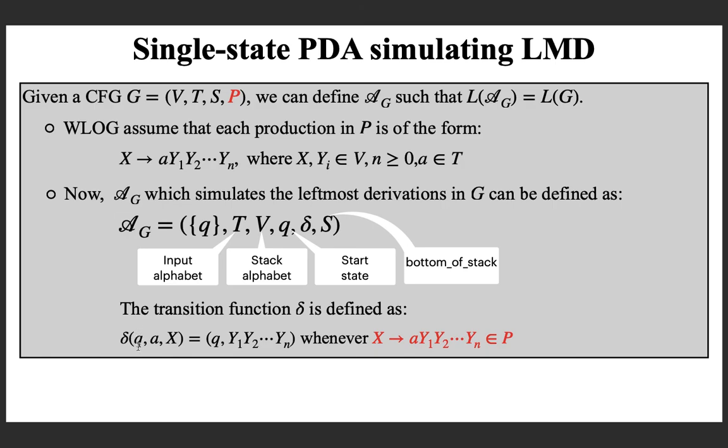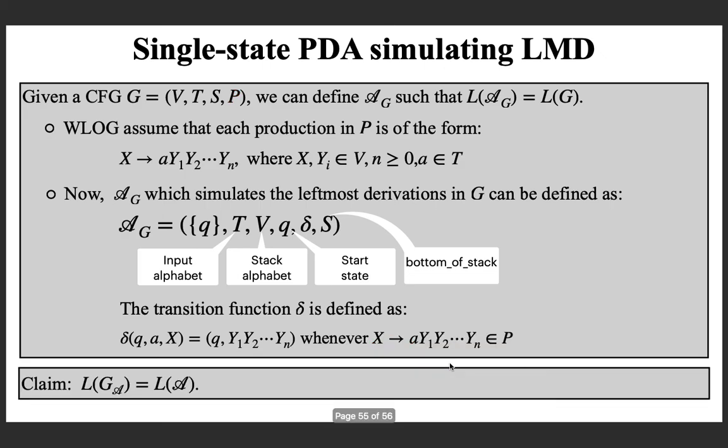From Q, the only state, next symbol small a, top of stack symbol capital X, the result is the only state Q followed by this string. That is exactly what we saw. And this is the construction, which is simple, and you can prove its correctness, soundness and completeness, by the principle of mathematical induction.